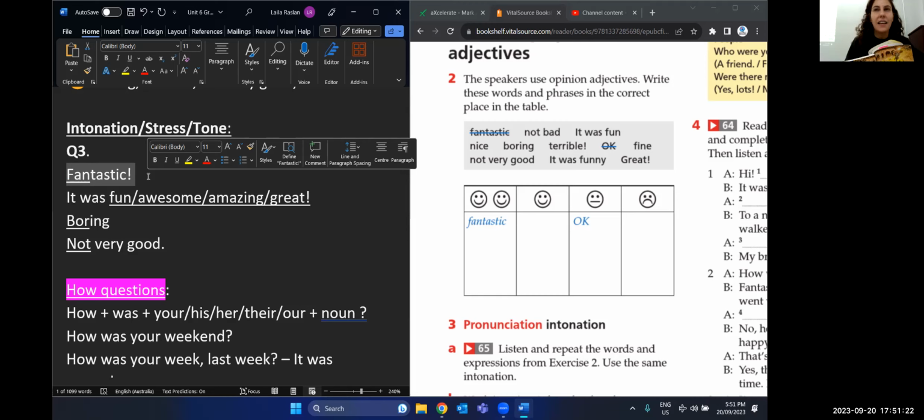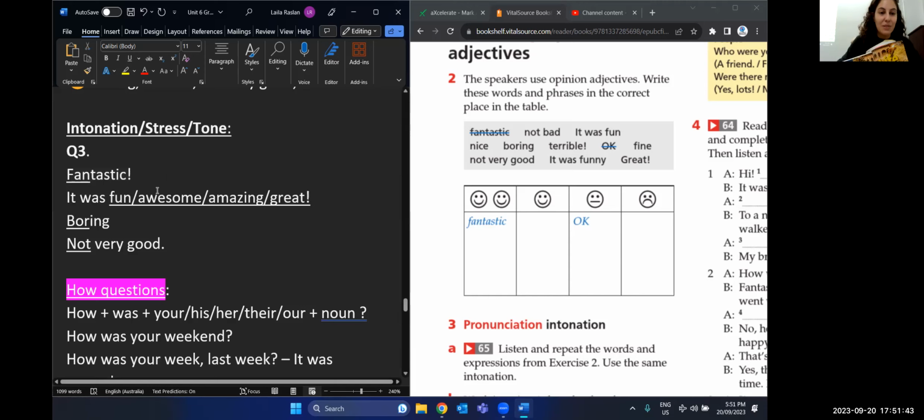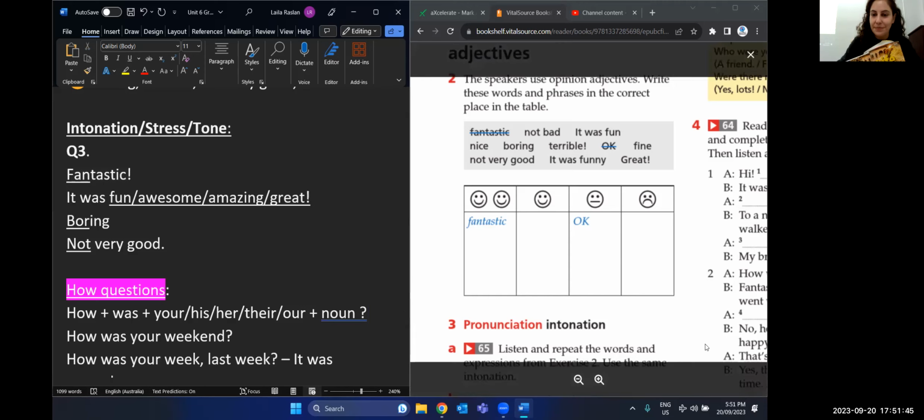So he's going to ask, are you sure? You don't sound great. Is something wrong? So that's why in English, it's very important that we know when to push our voices, or else people will think maybe we're upset, or they'll think that we're happy when we're trying to say boring or not very good. So we need to know when. And there were some very good examples.